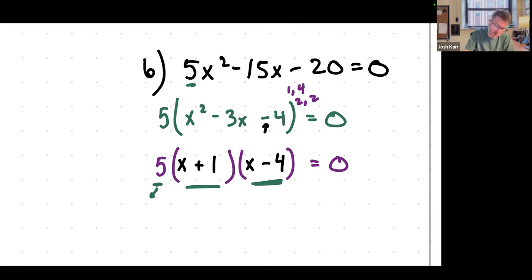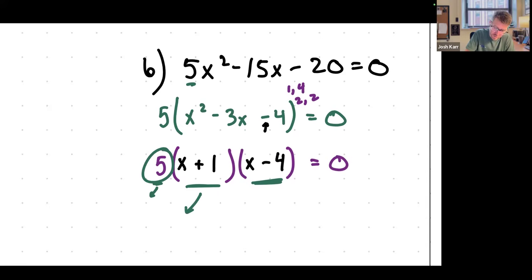There would not be a solution that comes from this portion, right? There's no x there where we can input a value to make it create a 0. So this number out front, it's something that you'll talk about in a different class, but that right there will not create a solution for us. This binomial here, right, there is a value of x that we could find that would create 0, and same for this one.